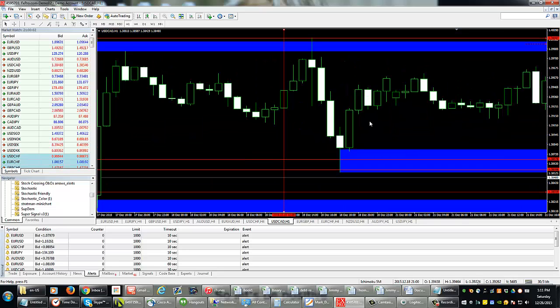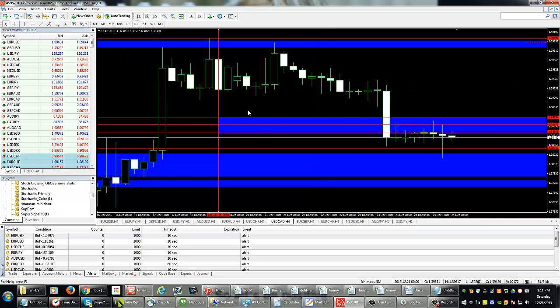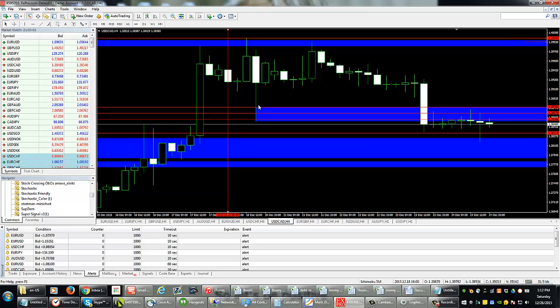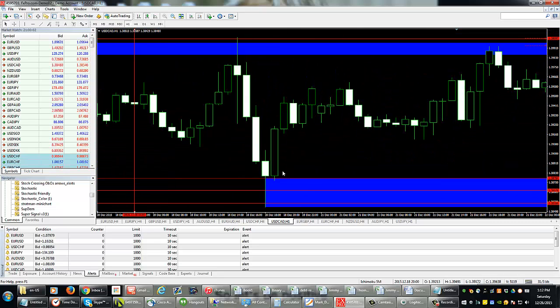On the 1-hour we see that actually the zone was just this portion here. So I'm going to put another line here. We go back up to the 4-hour, and we find that although this was a huge rejection from here all the way down and back up, if you look at the hourly, you can see that it was at this level.